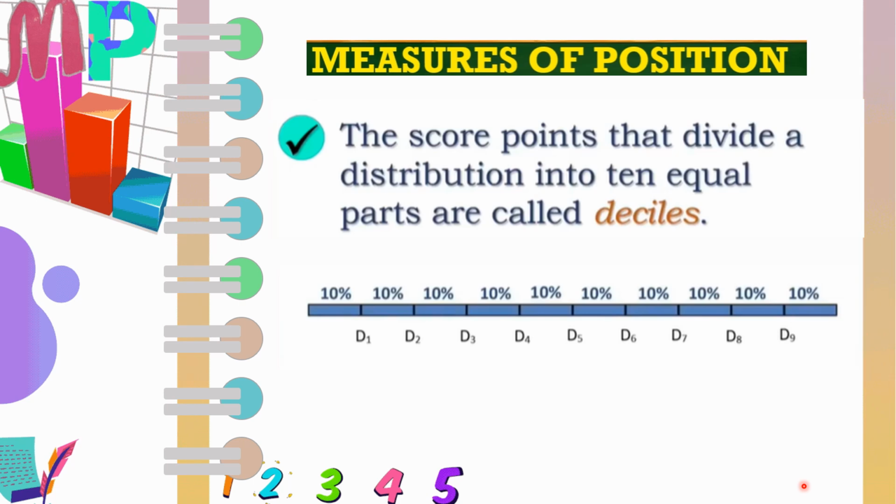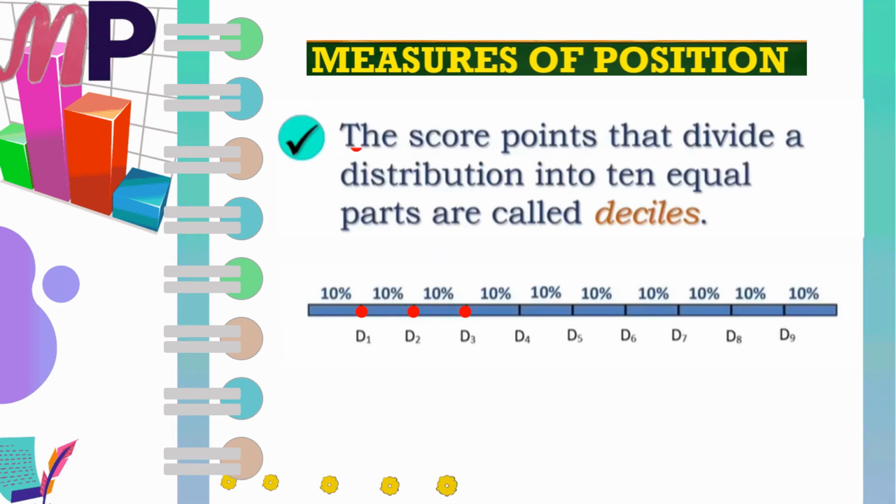As you can see, we have 9 deciles, which are the first decile, denoted by D sub 1, the second decile, denoted by D sub 2, the third decile, denoted by D sub 3, the fourth decile, denoted by D sub 4, D sub 5, D sub 6, D sub 7, D sub 8, and D sub 9. Again, there are 9 decile values.